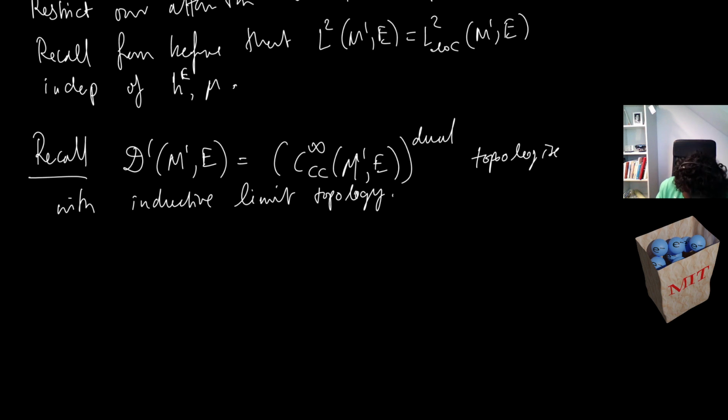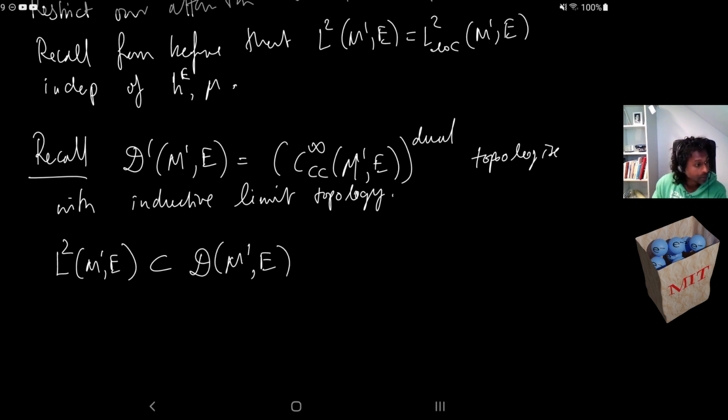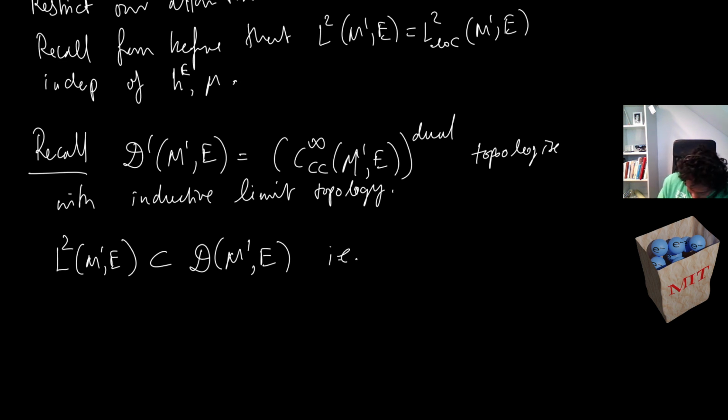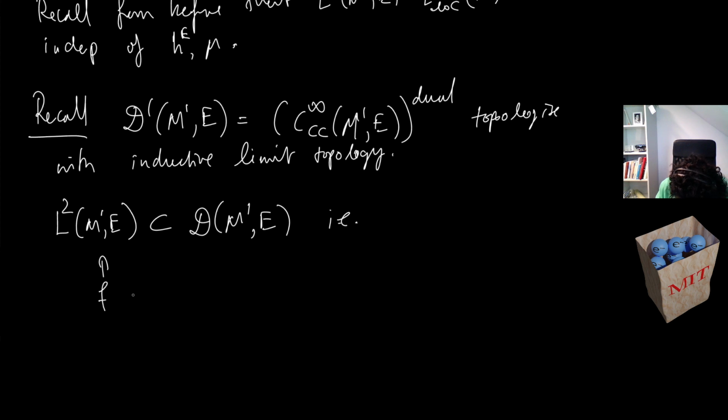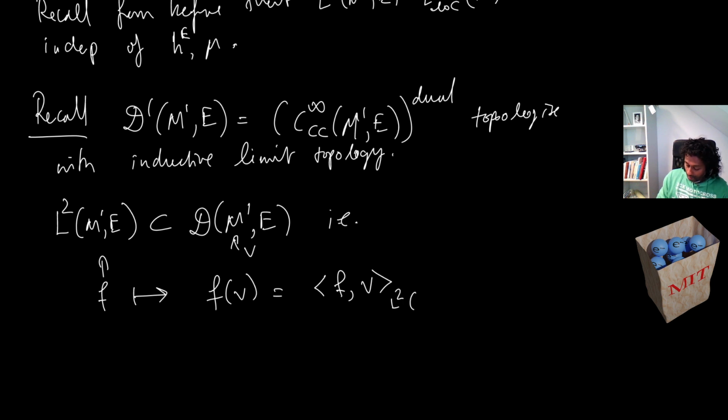So why do we want this? Well, we always want to see these spaces, say L2 M prime E, as a subset of the distributions, right? So how do I see this as a subset? I take an F in L2, and then I think about F acting on some V. So I take a V in there, and this is just going to be the L2 integral once I fix a metric, right?